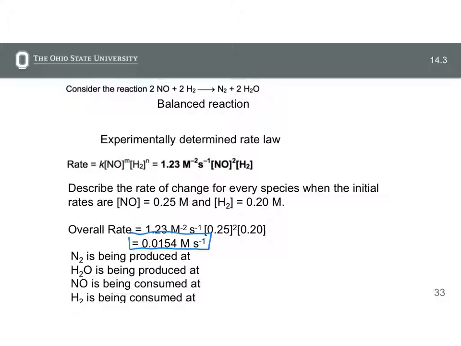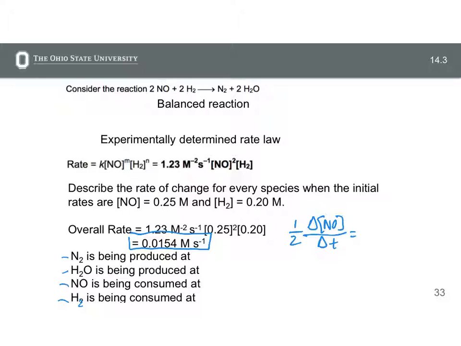If you remember from last time, we said that we take 1 over the stoichiometric coefficient times the change in concentration over the change in time. And we can relate all of our reactants and products. So now we can determine the rate of N2 production, H2O production, the rate that NO is consumed, and the rate that H2 is consumed.